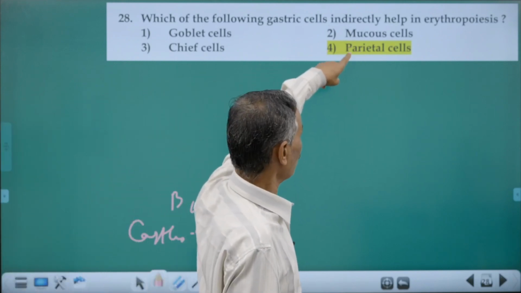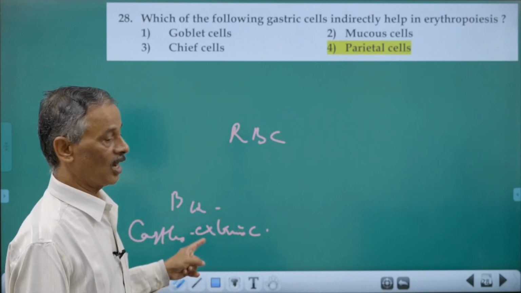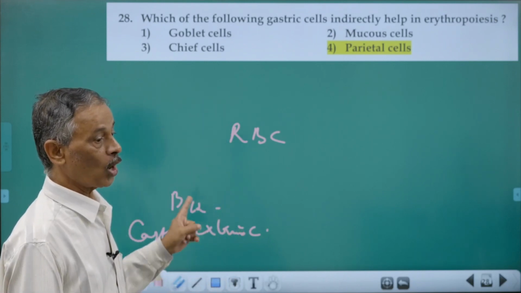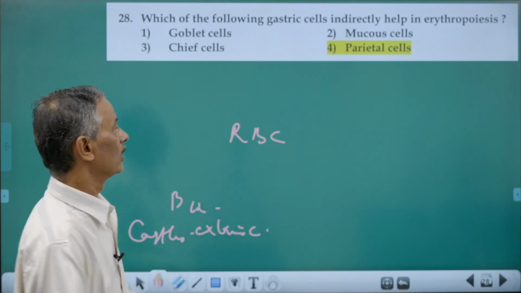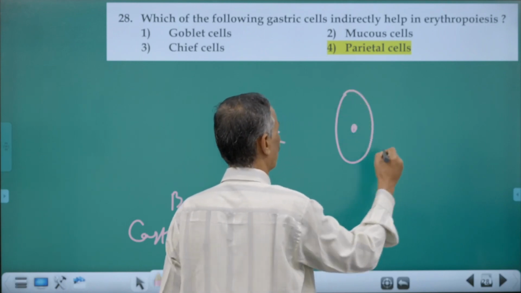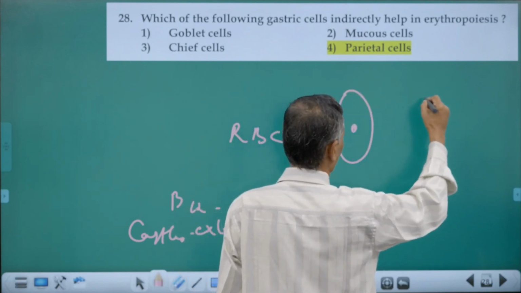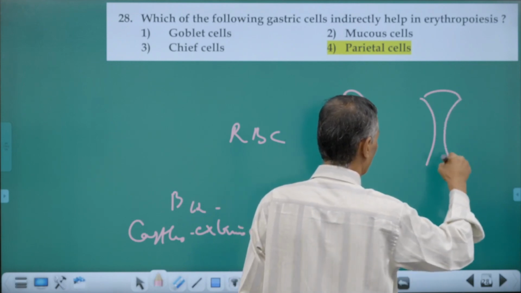For the maturation of RBC, we need cyanocobalamin, vitamin B12, without which no RBC can mature. Otherwise, you will be having an immature large nucleated biconvex cell. This biconvex cell is to be converted into a plate-like enucleated mature cell.